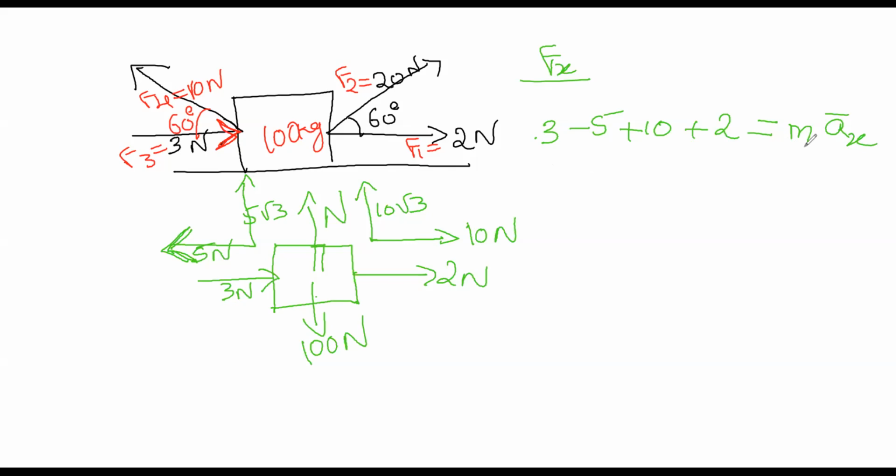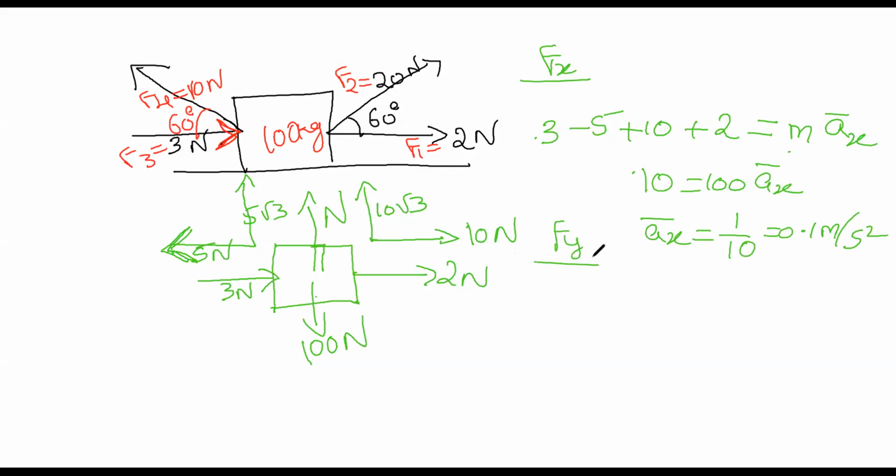Now what is the mass? They have given 100. Just we will substitute it. What is 3 minus 5 plus 10 plus 2? 10. 10 equals 100 into acceleration. So acceleration is 1 by 10, which equals 0.1 meters per second squared. So acceleration is done.